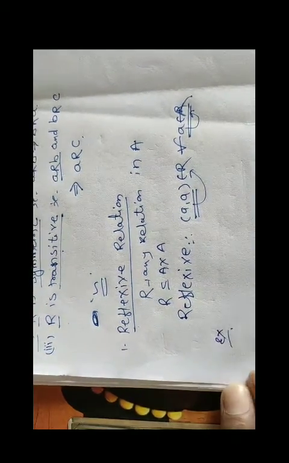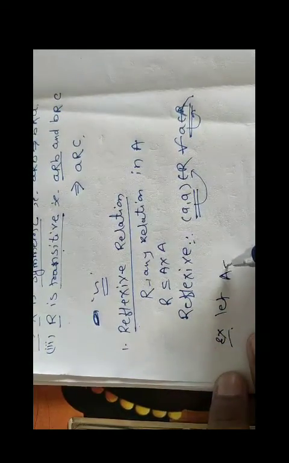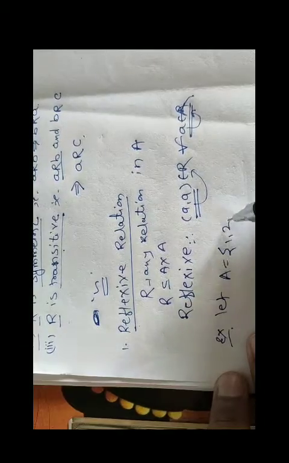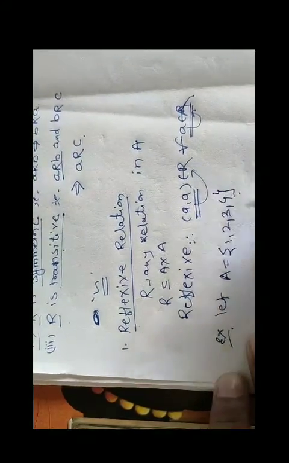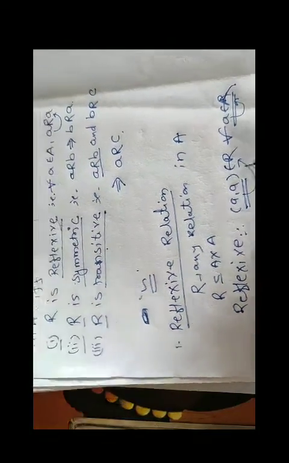We discuss one example. Let A be the set having elements 1, 2, 3, 4. Four elements are there. Now I discuss some relations.